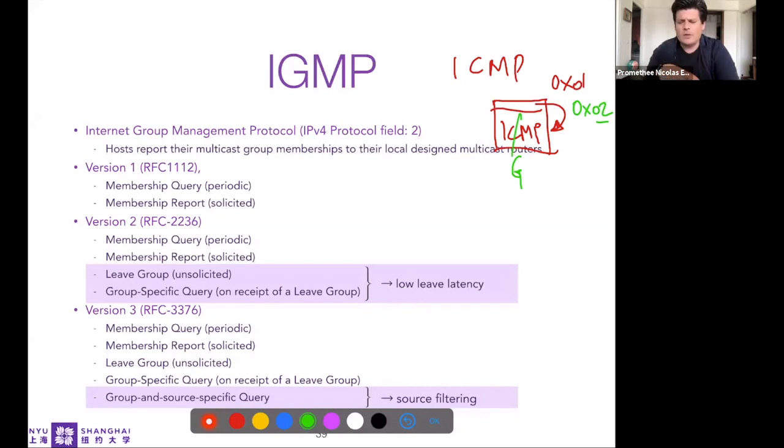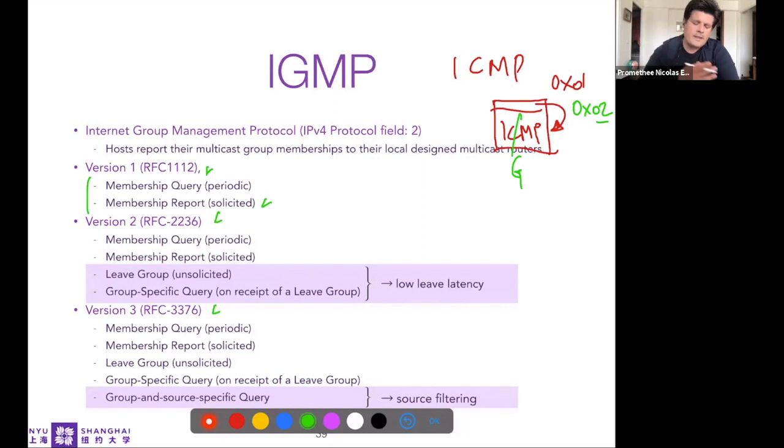So I won't go into the details of the headers and so on, because it's more interesting to see how you process the messages. First of all, there have been three versions of IGMP. The first one was really basic, and there were only two messages: a message that we call the membership query, which has a special type and code, and a report.